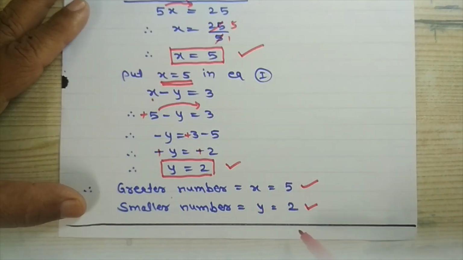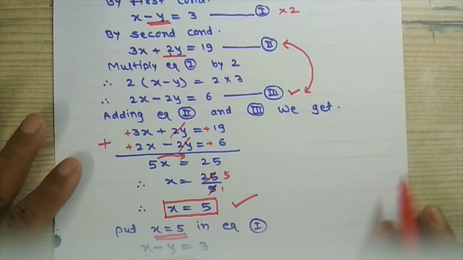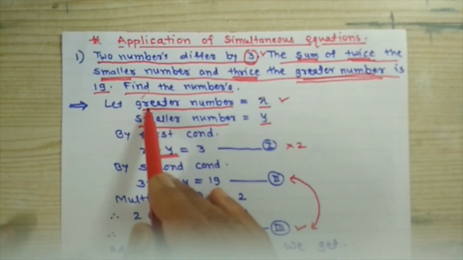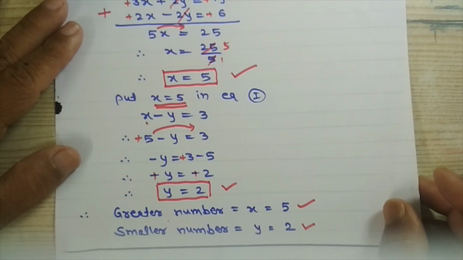Such type of answers we have to write, because we have to find the greater number and smaller number. Find the numbers: the greater number and smaller number become 5 and 2, which is the answer.